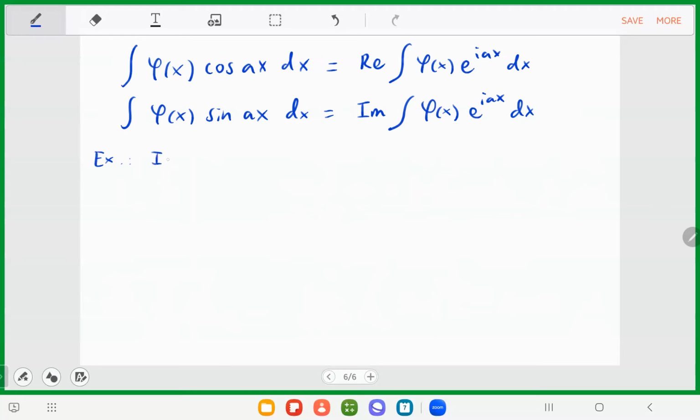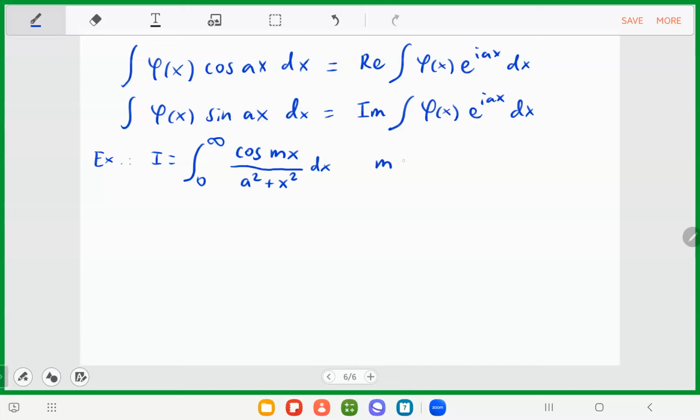Okay, so let's look at this example. If I want to calculate the integral between 0 and infinity of the cosine of some number times x, here I'm calling it m, divided by another number a squared plus x squared.